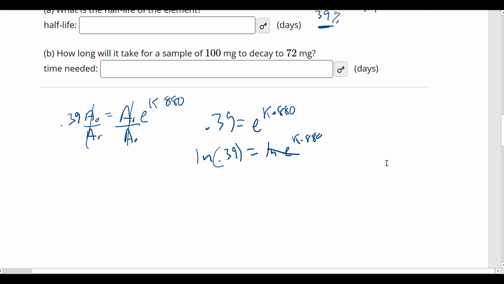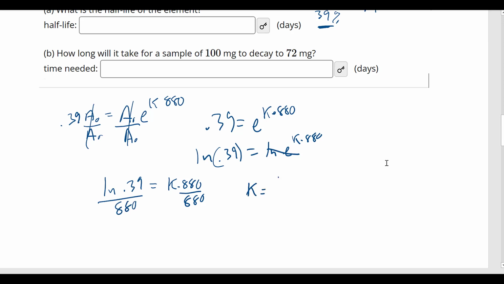And we have the natural log of 0.39 equals k times 880. So if we divide both sides by 880, we have k equals the natural log of 0.39 divided by 880, and that's our exact amount.